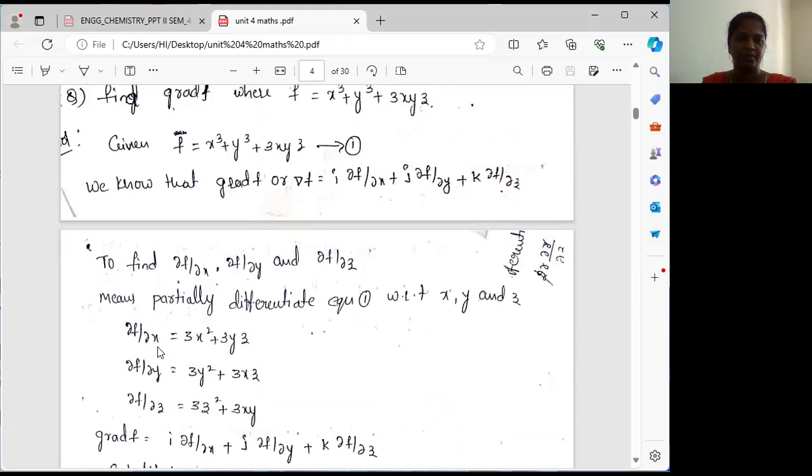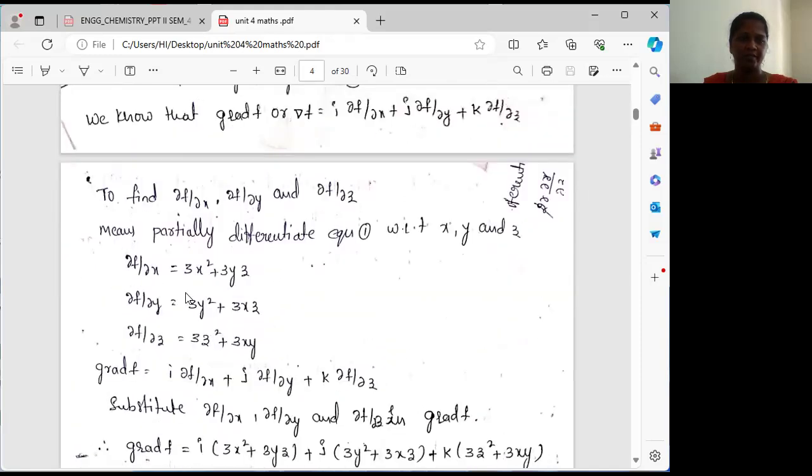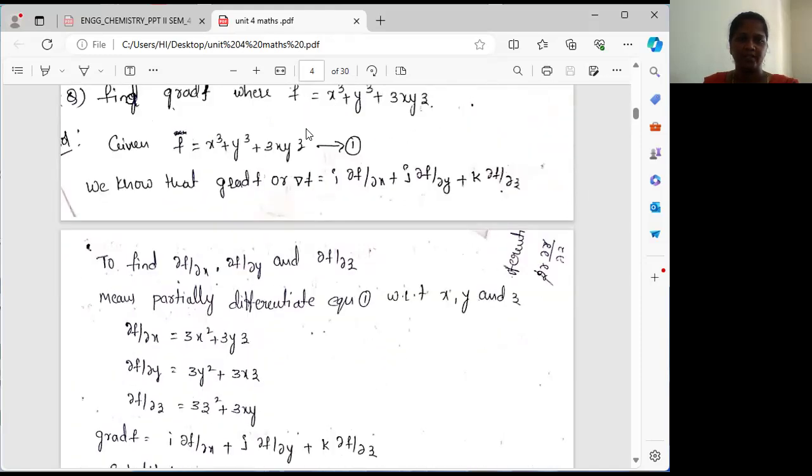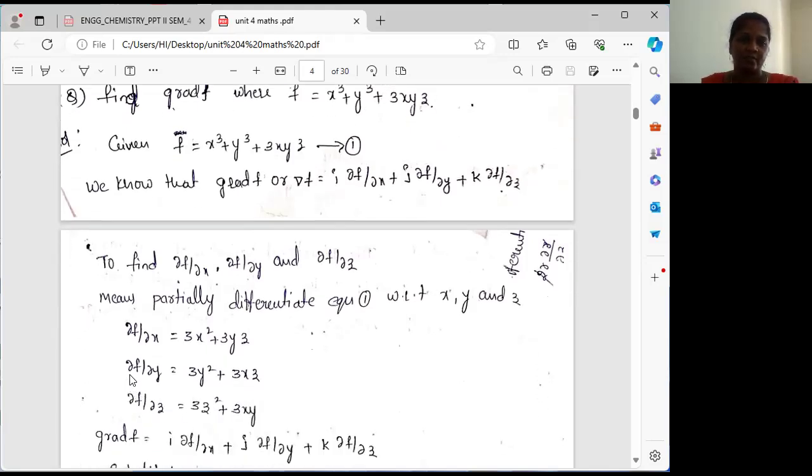Dou f by dou x equals 3x square, since y cube is 0 and z cube is 0, plus the derivative of 3xyz with respect to x, which is 3yz.